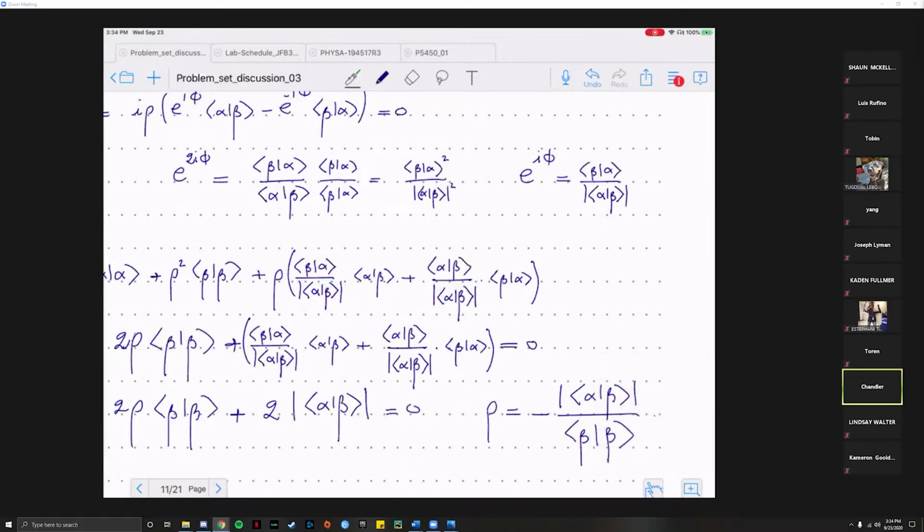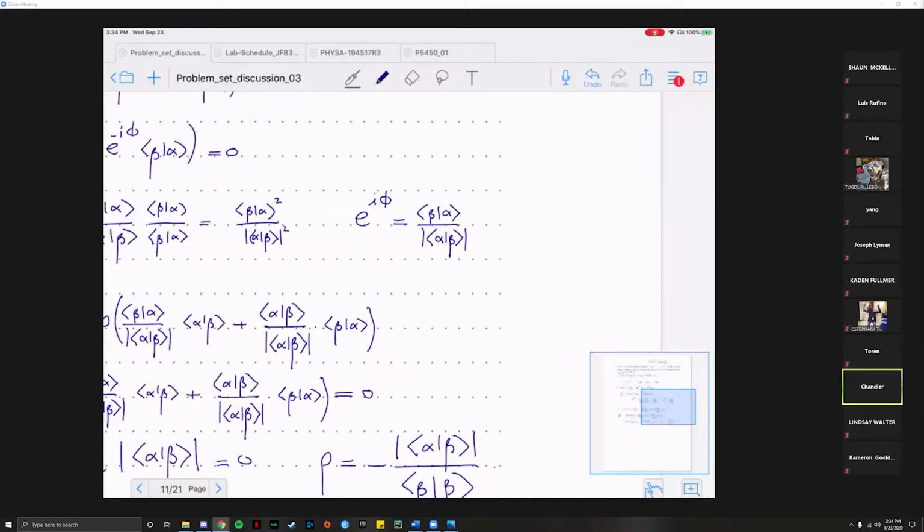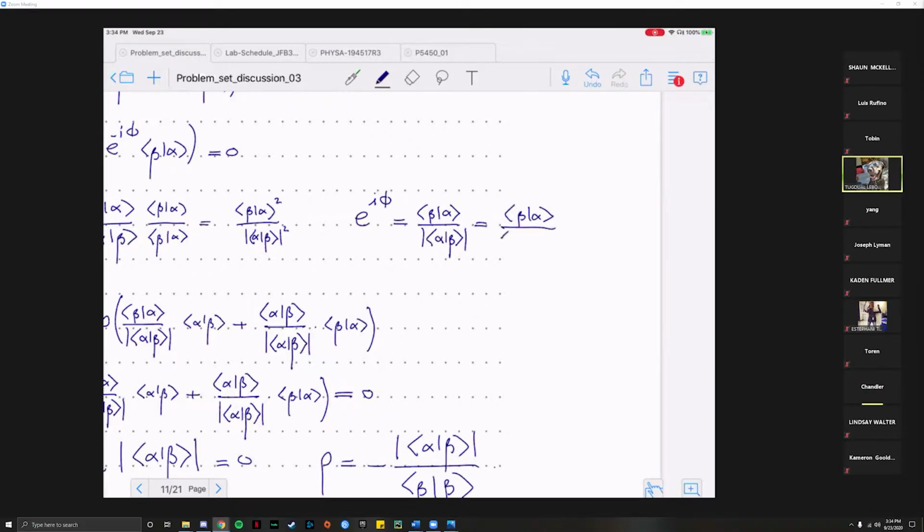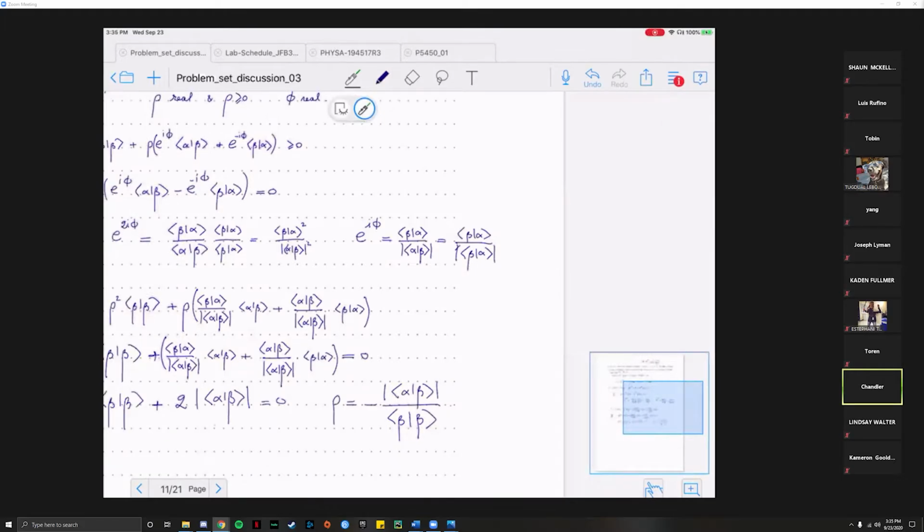So why isn't that flipped as well? Is it the same number, the magnitude of it? Yeah. So this is also equal to beta alpha, right? You remember that this is the complex conjugate of that. So when you take the magnitude, you get the same thing. Makes sense, right? Yeah.